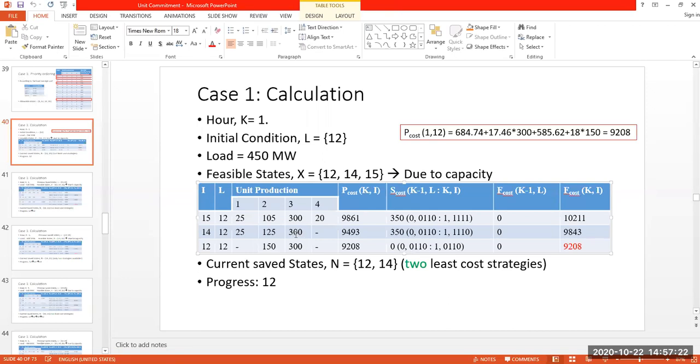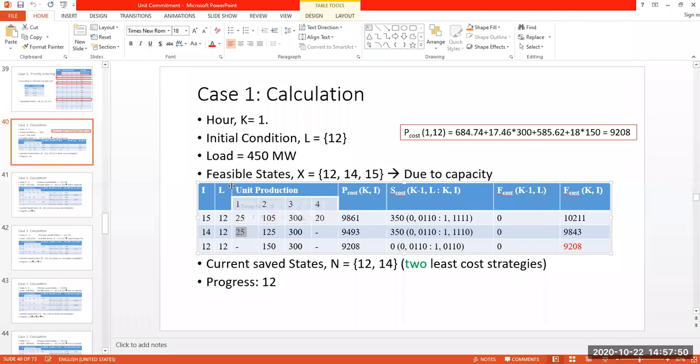Then I will go to the next priority unit. Now the question is, can I take 150 out of the remaining demand? The answer is no. Why no? Because I have decided to turn on unit number 1, and there is some minimum generation that should be made available from that unit.